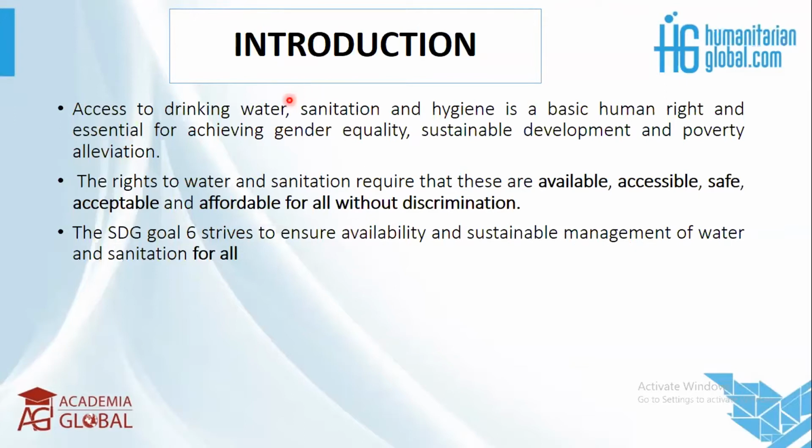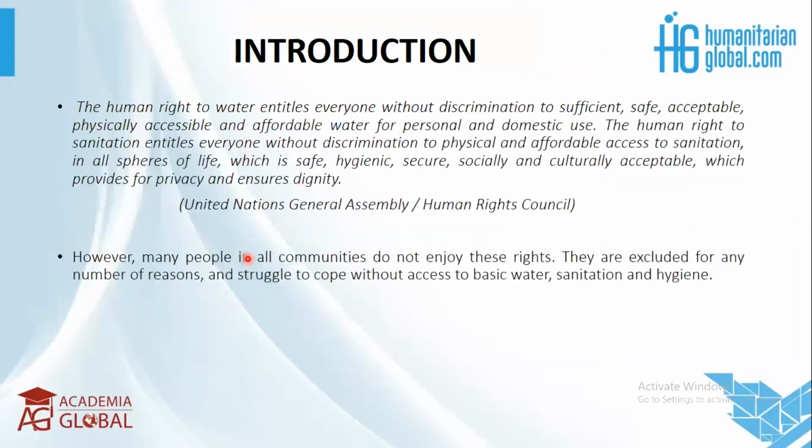So from this perspective, we are looking at WASH from a rights perspective: everyone should be able to access it, there should be no discrimination, and for us to achieve SDG 6, it must be available for all.